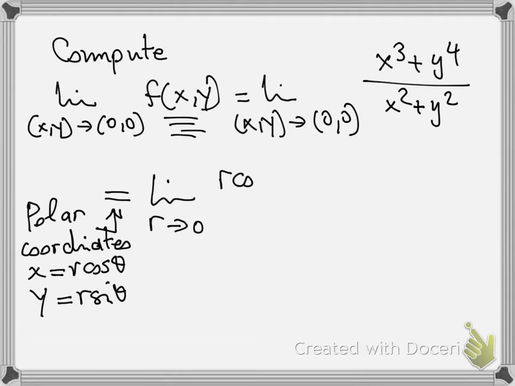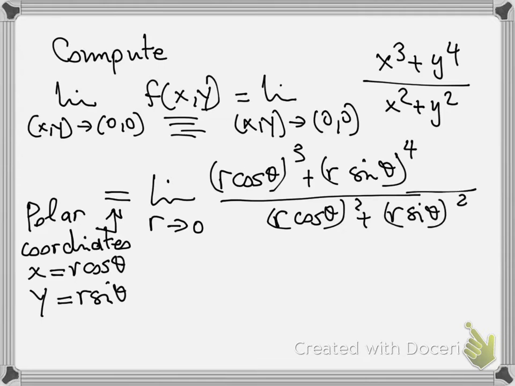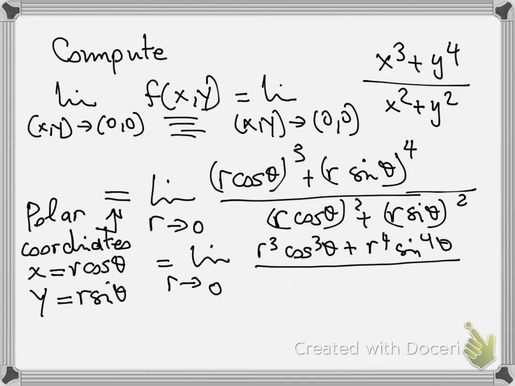So we're going to have the limit as r goes to 0 of (r cosine theta) cubed plus (r sine theta) to the 4 over (r cosine theta) squared plus (r sine theta) squared. That's r cubed cosine cubed of theta plus r to the 4 sine to the 4 of theta over r squared cosine squared plus r squared sine squared.